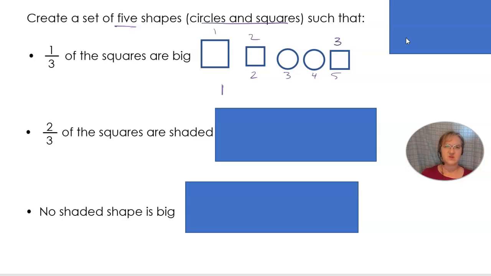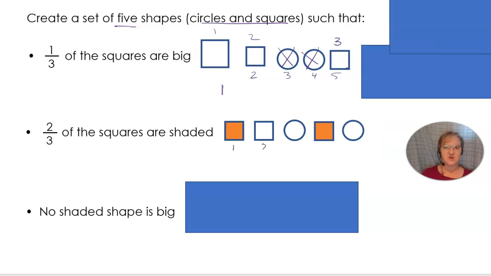We're not concerned with the circles, so we can ignore the circles. So now we have 1 of the squares out of the 3 squares are big. Again, a little bit confusing, but think it through and it should make sense to you. In this one here, we want 2/3 of the squares to be shaded.